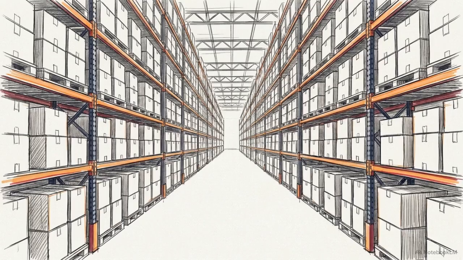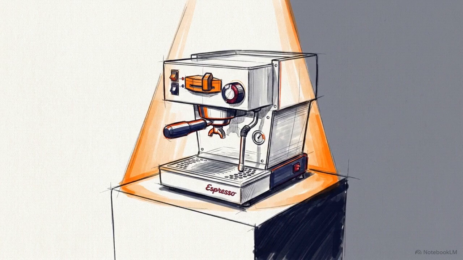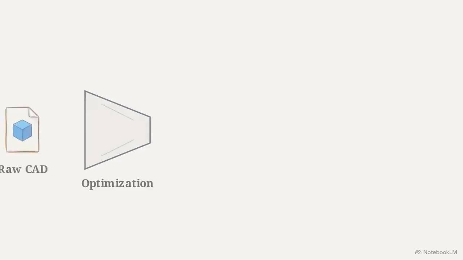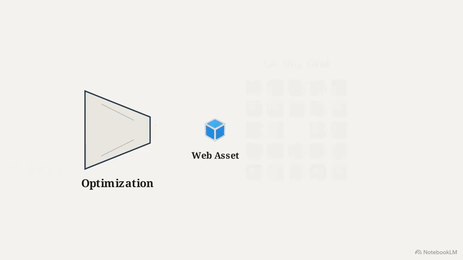To address the logistical challenge of catalog scale, merchants should begin deployment strategically, focusing first on top-selling or highest-margin SKUs, where the conversion lift has the most impact. A heavy manufacturing CAD file passes through an optimization filter, emerging as a lightweight web asset that slots cleanly into the catalog grid.